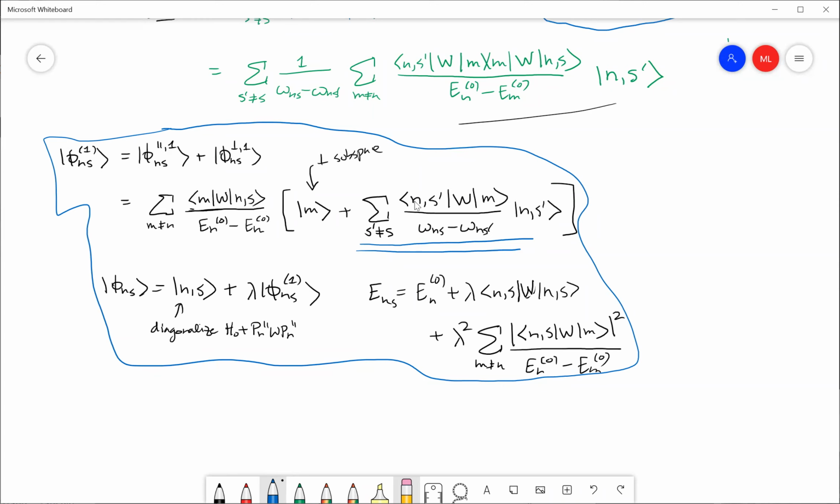So for practical purposes, if you have degenerate perturbation theory, you have some degeneracy in your unperturbed Hamiltonian, what you just do is diagonalize W. Since the energy corrections then don't change at all, this looks exactly like non-degenerate perturbation theory. The only place where you run into some issue is with this funny state correction, but people usually don't worry about the state correction too much.